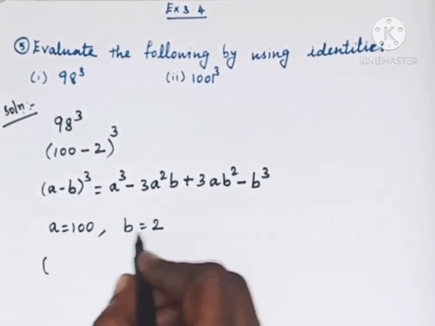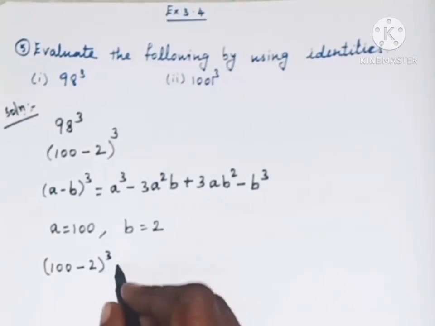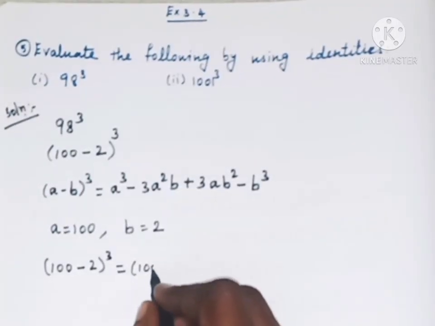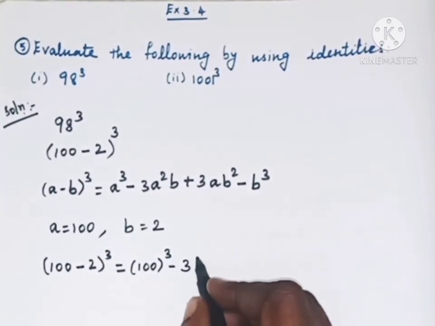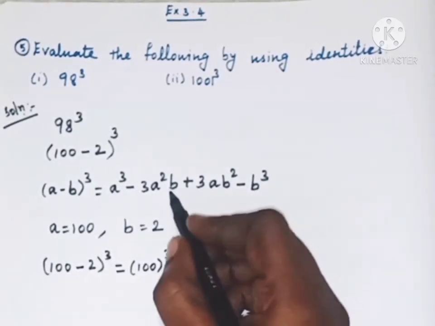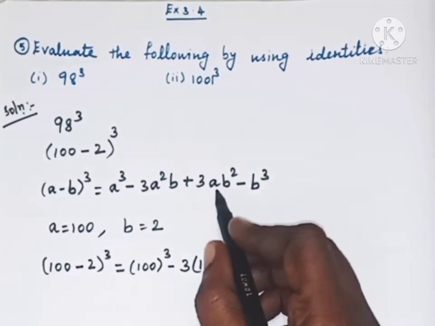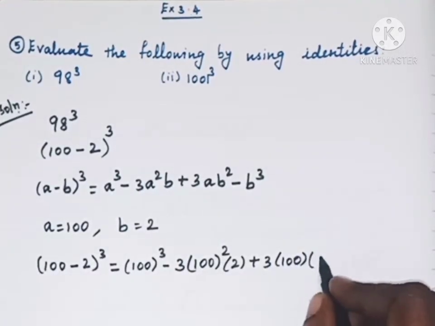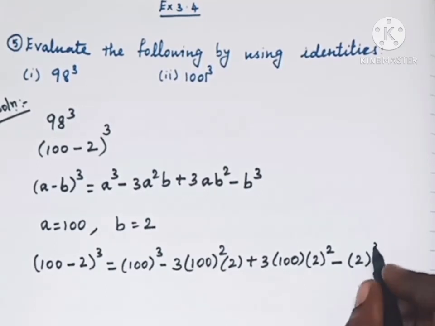So (100 − 2)³ is equal to a³, which can be written as 100³. So 100³ minus 3 into a², again a is 100, so 100 the whole square, into b, which is 2, plus 3 into a, 100, and b square, 2 square, minus b cube. The value of b is 2, so 2 the whole cube.